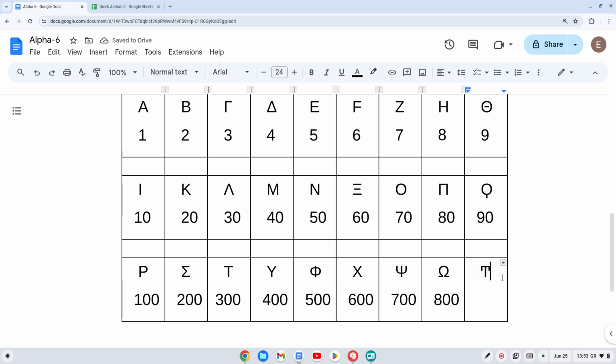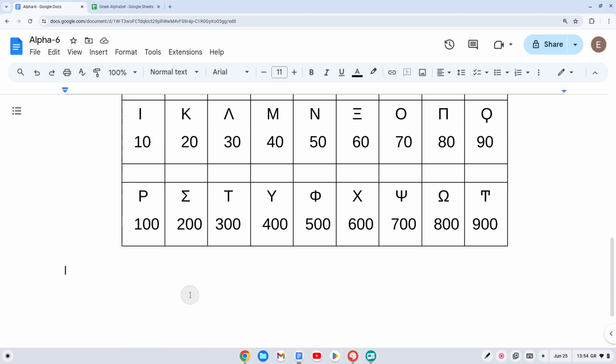And Sanpi, which is like a double S sound, a sharp S, 900. It wasn't used very much, but it was used in this numbering system.